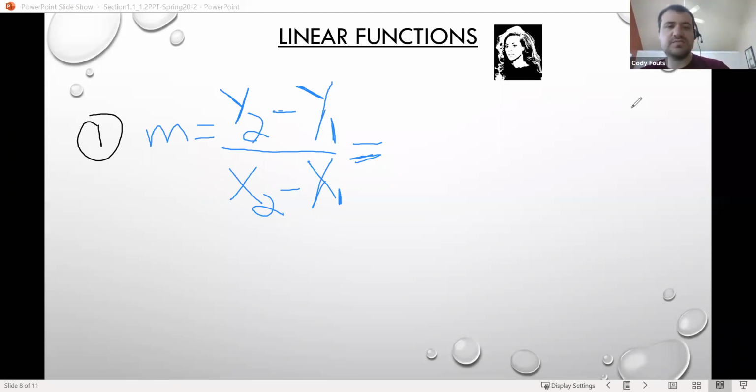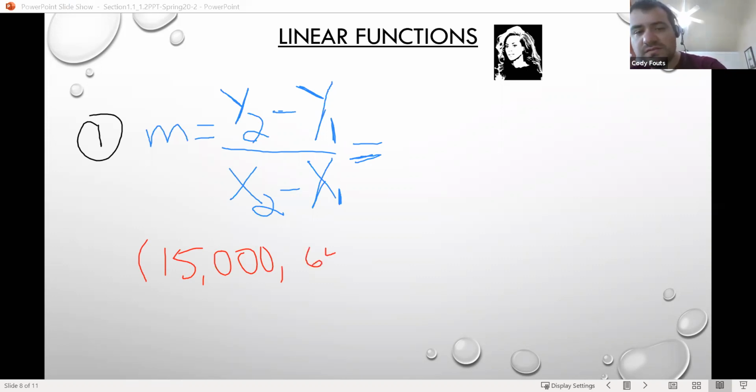That tells us we can put together two points from the information we're given. So our two points would look like 15,000, comma, 645,000. Again, that's because if we input 15,000, we get an output of 645,000.